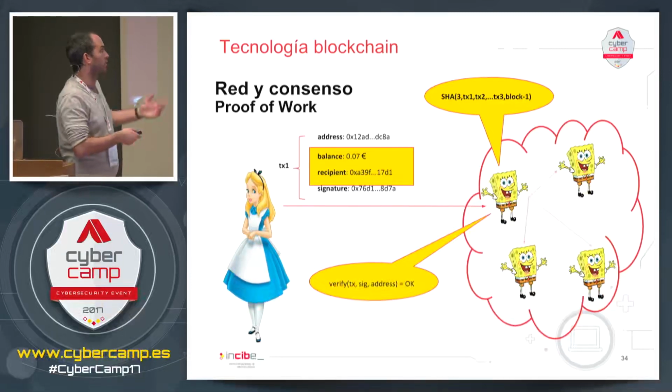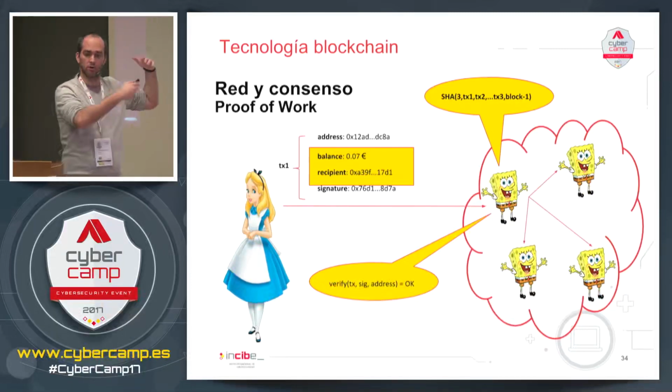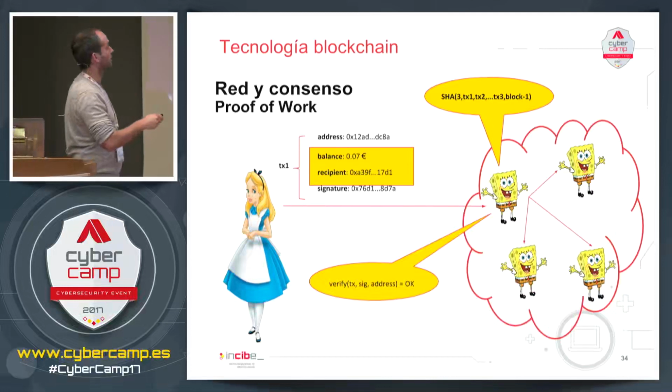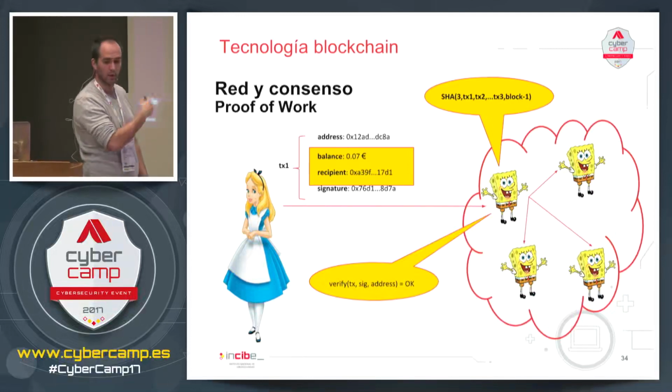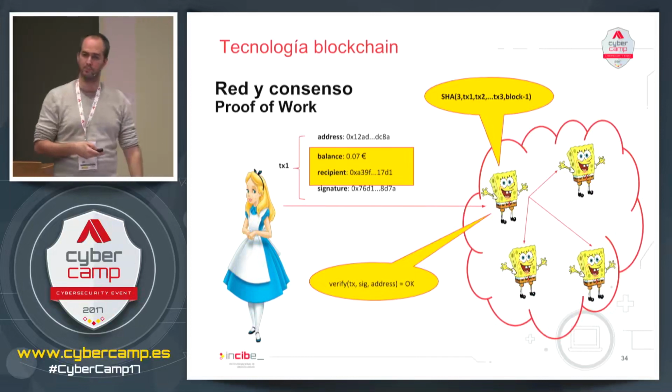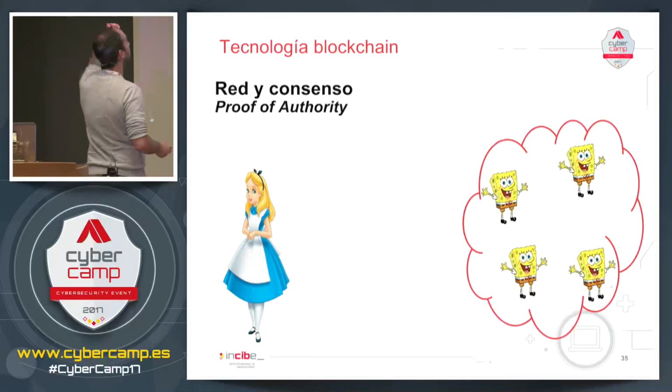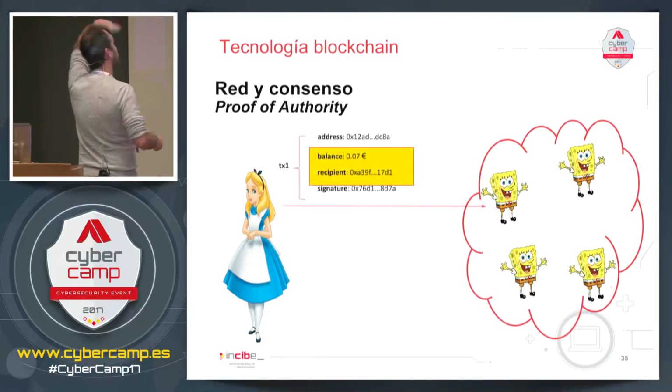So that's when he says to the rest of the nodes, "I found the solution," and the rest of the nodes will accept the block sent by Bob, the top left Bob, SpongeBob, who's got a random number 1, 3, and the block header. So this new block is added to the chain, to the blockchain.